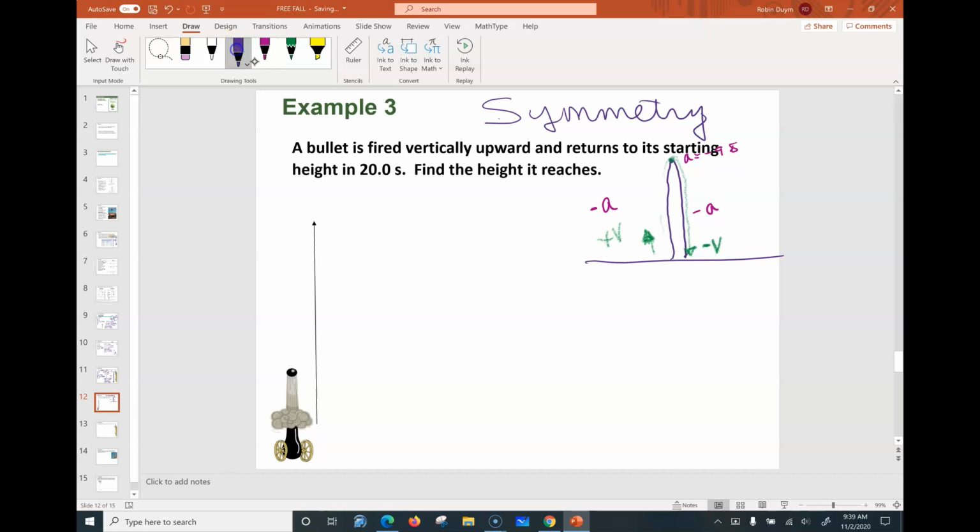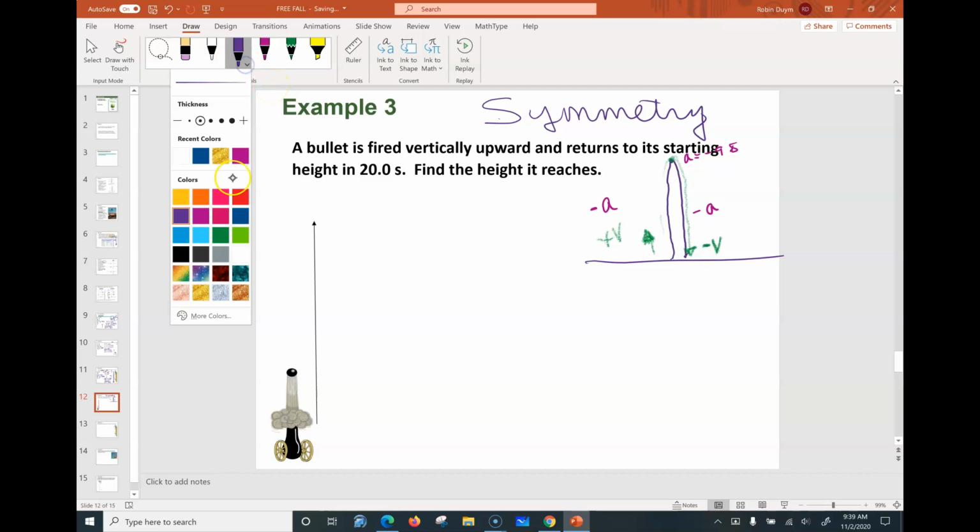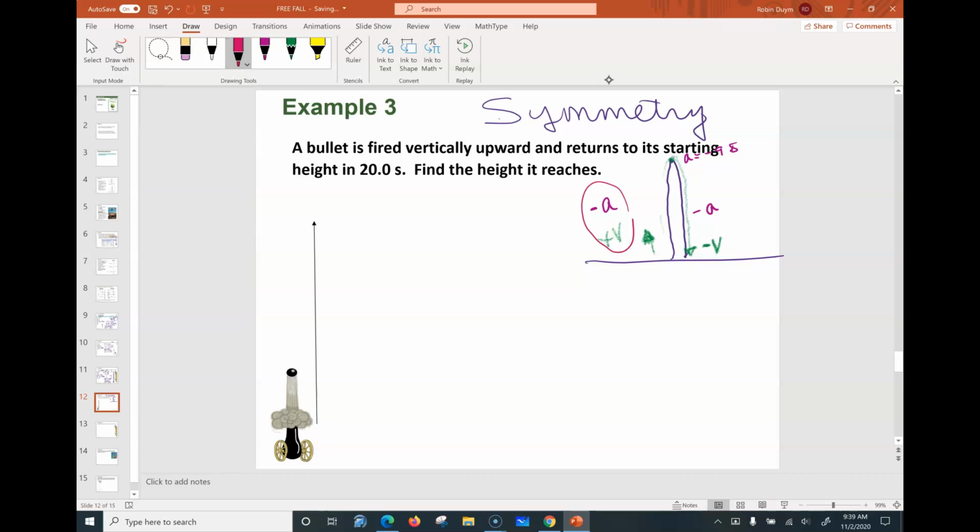And if you recall from the last section, if my signs are different, if I have a plus and a minus, or a minus and a plus, then that means that it's slowing down in that direction. And if those signs are the same, then it means it's speeding up in that direction.